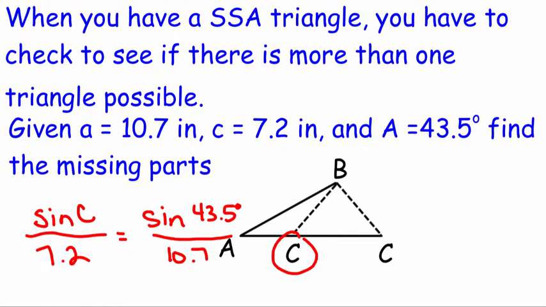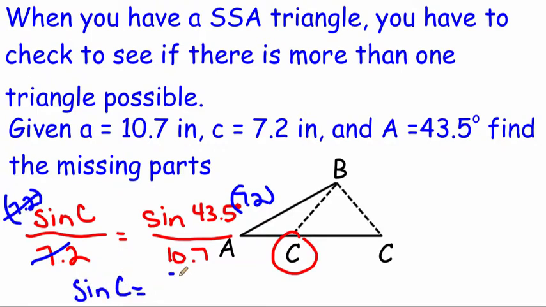I'm going to multiply both sides by the 7.2 to isolate the sine of C. And I get that the sine of C is 7.2 times the sine of 43.5 all over 10.7.